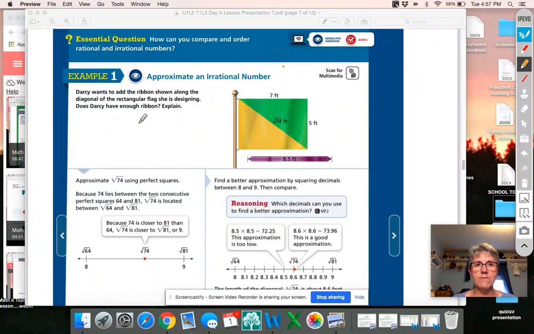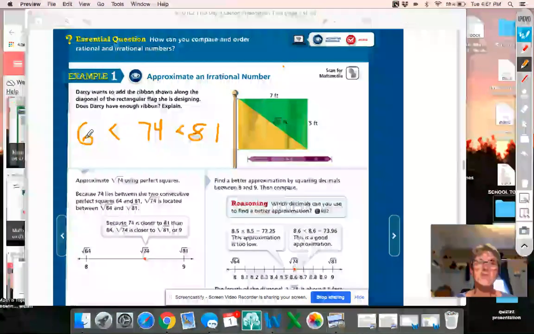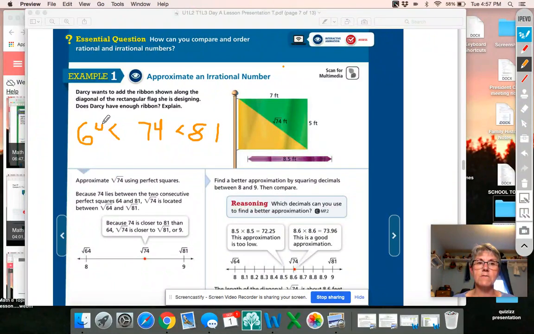Here is what we do know. We know that 74 is less than 81, and I chose 81 because 81 is a perfect square. We also know that 74 is greater than 64, and I chose 64 because 64 is a perfect square. So when you're trying to approximate an irrational number that's under a radical sign, you choose the perfect squares that are just a little smaller than that number and a little bigger than that number.